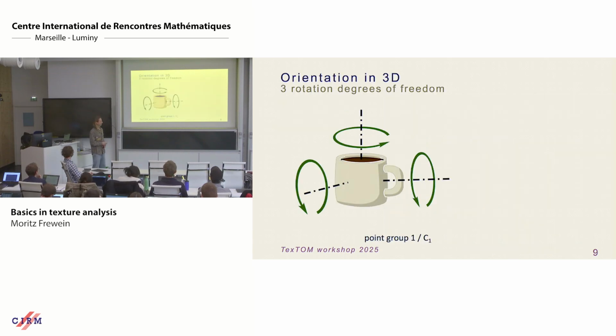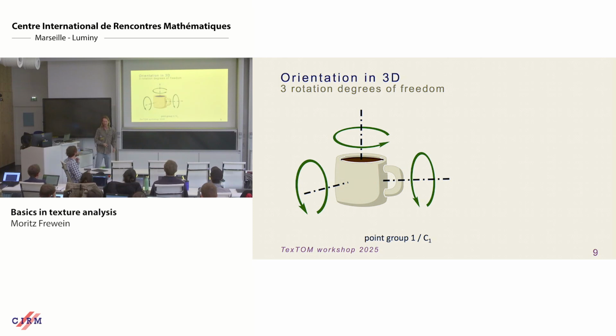So let's talk about orientation in 3D. In 2D, orientations are quite simple to imagine, right? We can just have one arrow that points in one way. In 3D it is not so straightforward because we have 3 degrees of freedom.